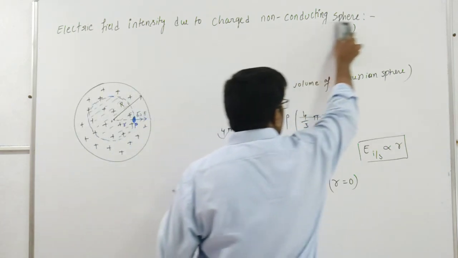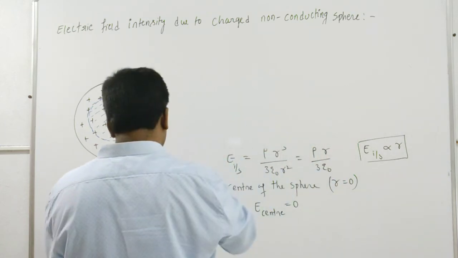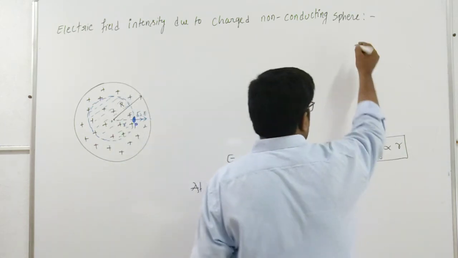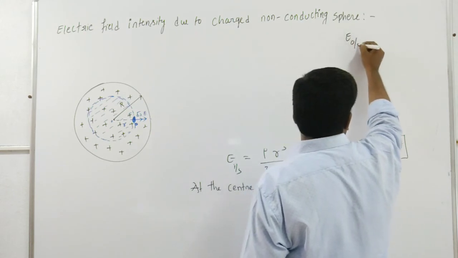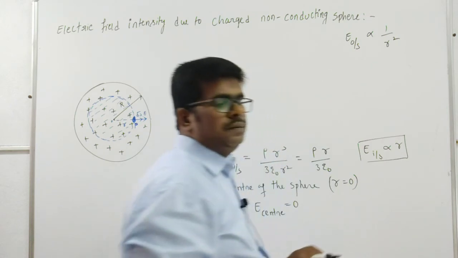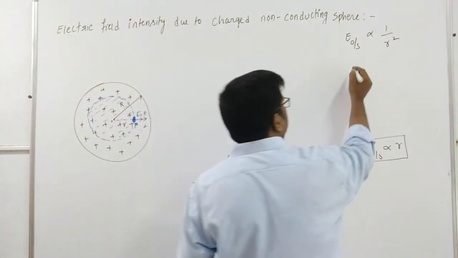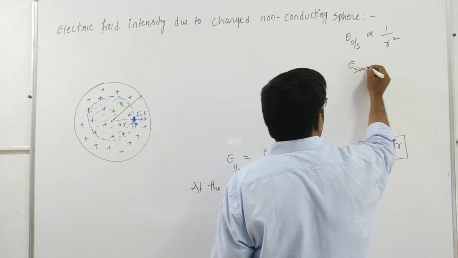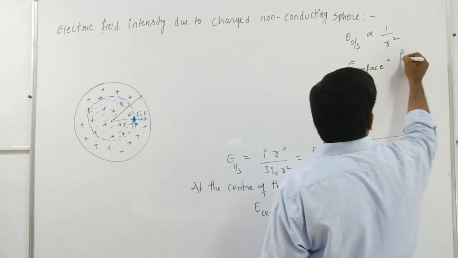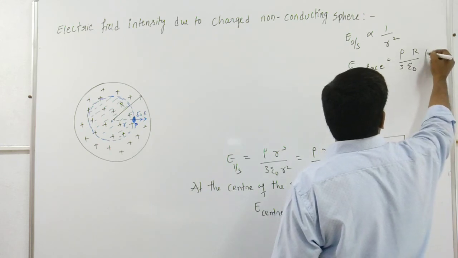Outside, it is inversely proportional to distance square. So I am writing here: electric field intensity outside is inversely proportional to distance square. And what about the surface? Electric field intensity on the surface is rho capital R by 3 epsilon naught. It is constant and the maximum value.